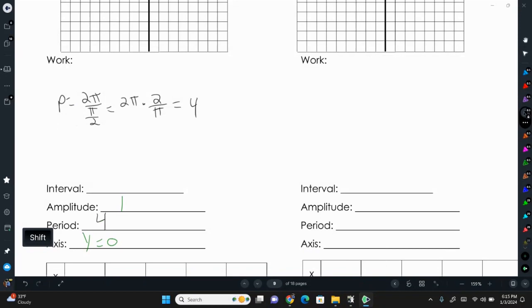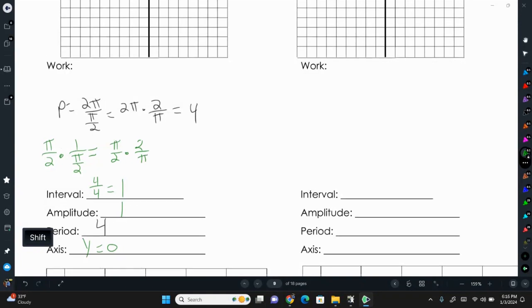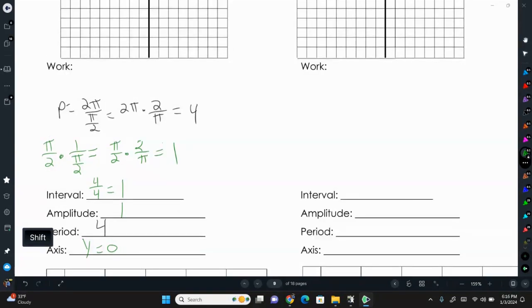Now, you could say for our interval that it's going to be our period divided by 4. It's always divided by 4, and you get 1. Or you could do the pi over 2 times, well, 1 over b, pi over 2, which is going to be pi over 2 times the reciprocal 2 over pi, and the pi's and 2's will cancel, and we just get 1.